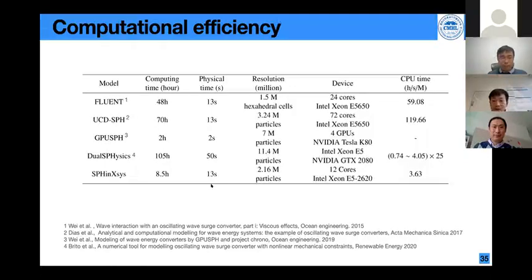We think that in future work with GPU acceleration, this computing efficiency can be improved, which means that if you send your simulation task to your desk machine, then after maybe a coffee break, you can check the results.